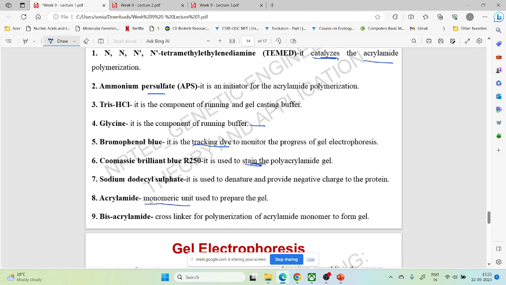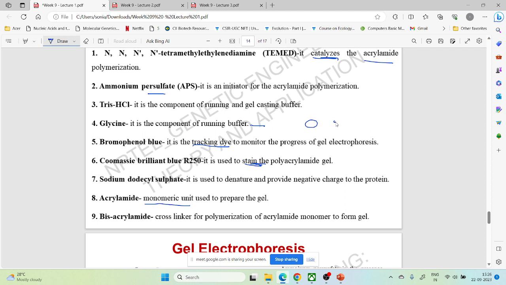Depending on what kind of product we want to resolve, if we have any knowledge of it, we can change the concentration or the pore size of the gel. If you want a gel of very large pore size, then you have to use less bisacrylamide and acrylamide because you want pores of a greater size.